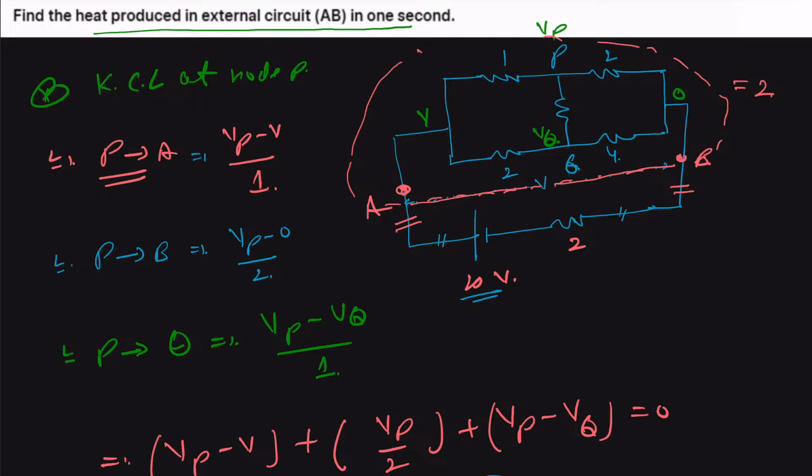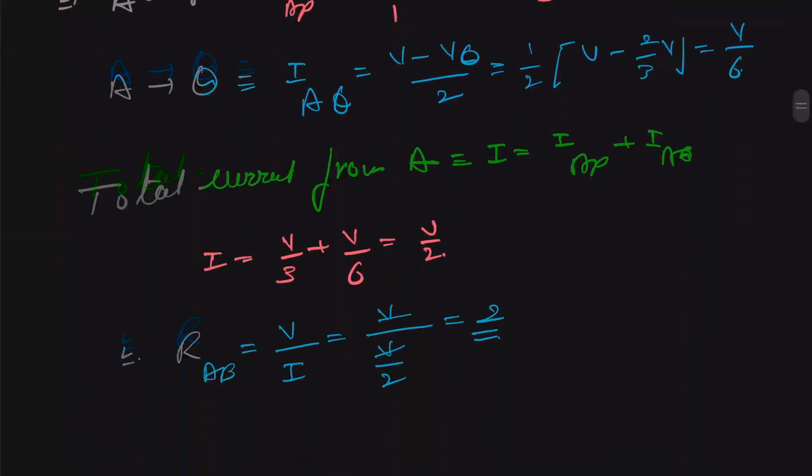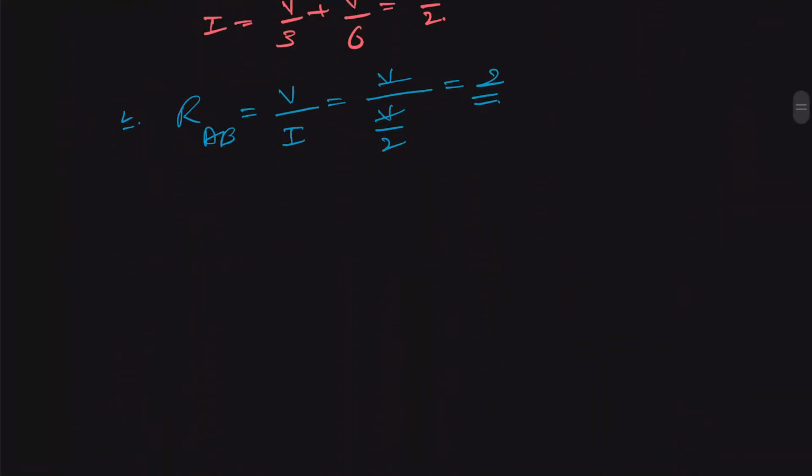And now we are going to replace this entire circuit with the 2 ohm resistance. So this will be our 2 ohm, that is our RAB, and it is now connected to a battery and its resistance.